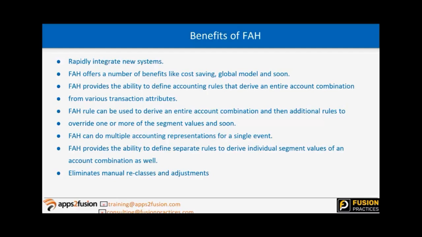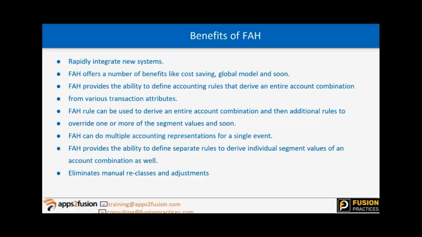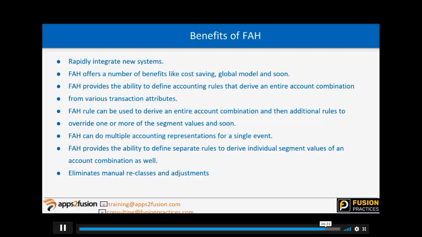Like for example, we discussed a scenario where we have IFRS accounting principles attached to our UK ledger, that is a primary ledger, and we can have a secondary ledger in US GAAP or maybe Indian accounting standards. So you can create another accounting method for the same source third-party application and attach that accounting method to your secondary ledgers. So one transaction that comes in from your source can be accounted in two different principles, or multiple accounting representations for the same transaction can be done in a single event. So you don't need to do that twice.